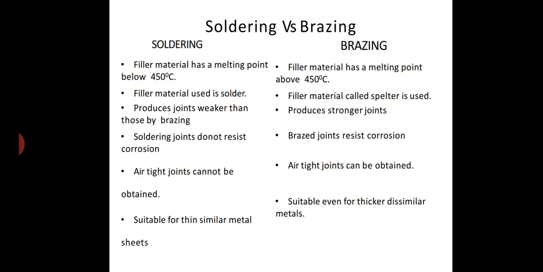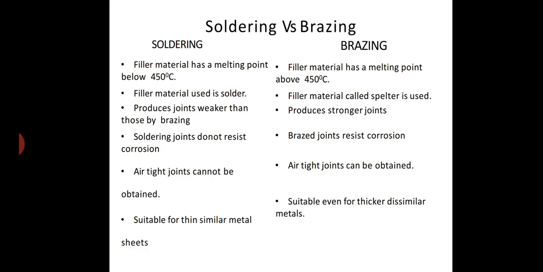Soldering versus brazing, this is the comparison chart. This is very important for your examination. Here you can see the temperature of the filler material, which is below 450 degrees in soldering and above 450 in brazing, and the filler material utilized is solder in soldering and spelter in brazing.